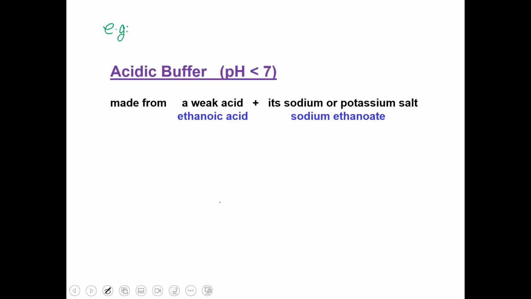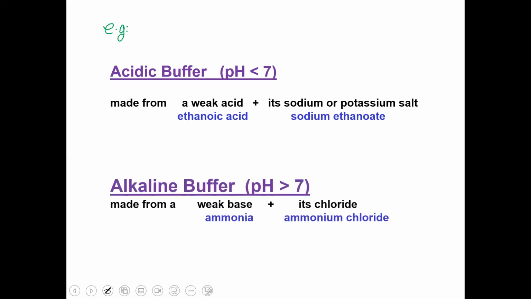This is a case of an acidic buffer made from a weak acid like ethanoic acid and its sodium or potassium salt, like sodium ethanoate. Alkaline buffer example: a weak base like ammonia. Ammonia is a selection because ammonia is an alkali. And obviously you remember that all bases are not alkalis. Ammonium chloride is the salt.